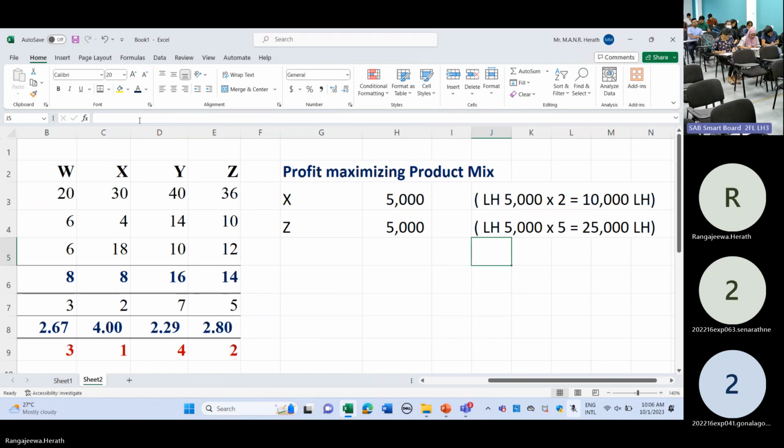Now altogether, out of the 50,000 we have utilized 35,000 hours.